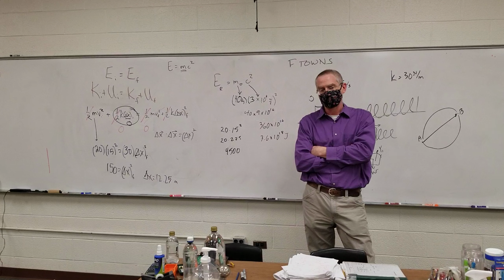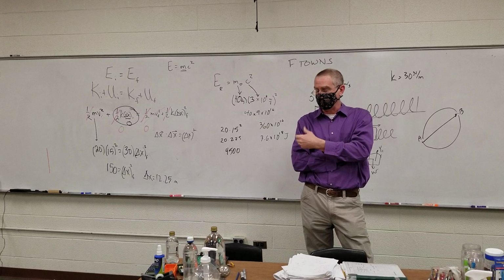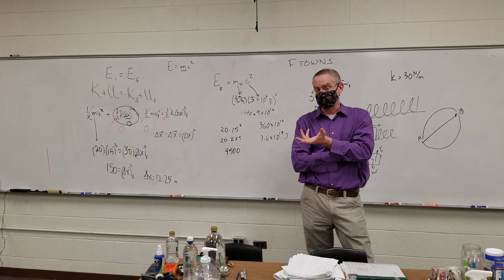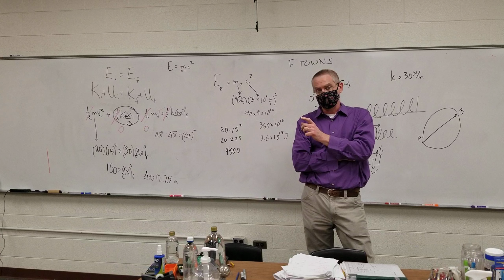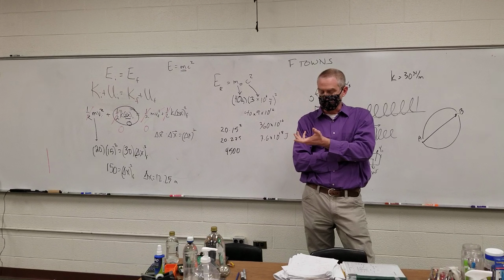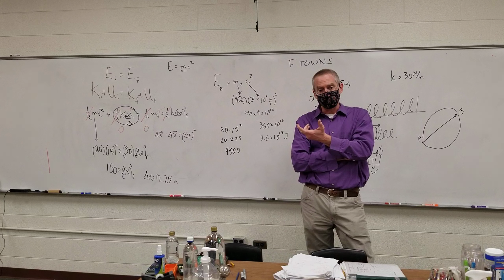If you're going that route, again, I would accept two answers. You could go with he does no work on it, 0 joules of work, or he does negative 500 joules of work.